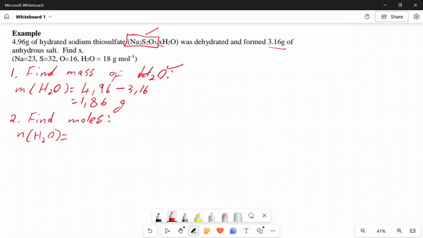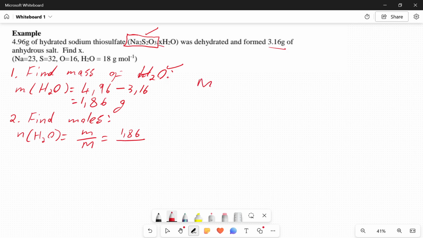The number of moles of water I will find by saying N is equal to mass over molar mass. What is the mass of water? It's 1,86. And what is the molar mass of water?